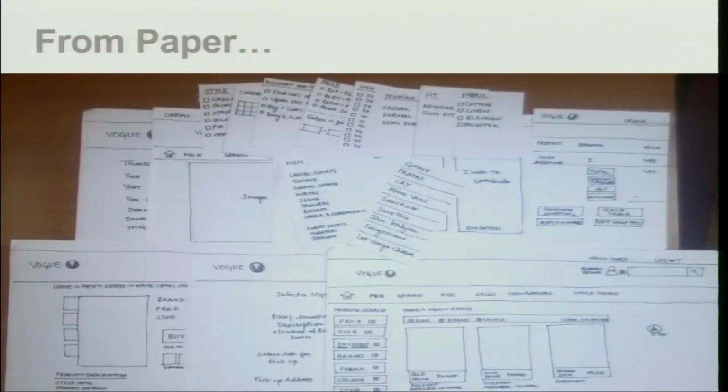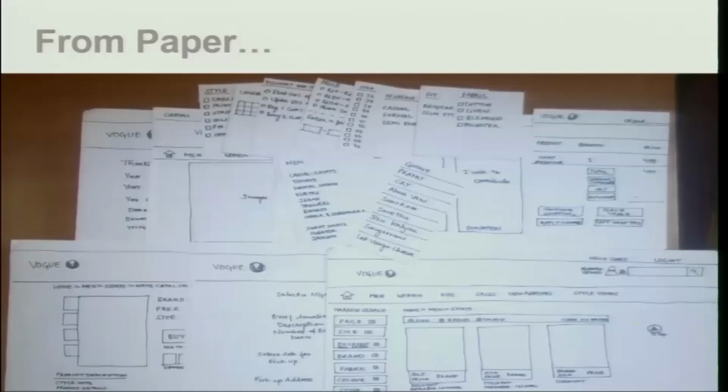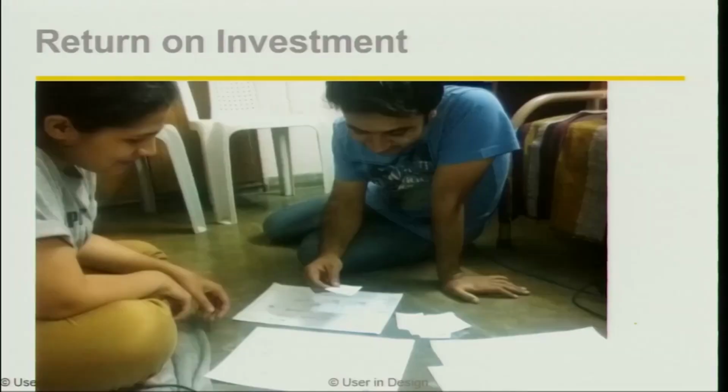Here's another example of the design that I showed you, the clothes shopping for the Indian context, to buy, gift and donate clothes. So these were some of their early prototypes, lots of work on paper. This is one of their early prototyping sessions with a user.